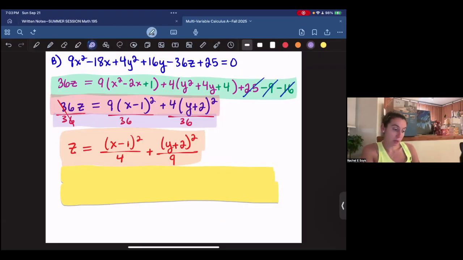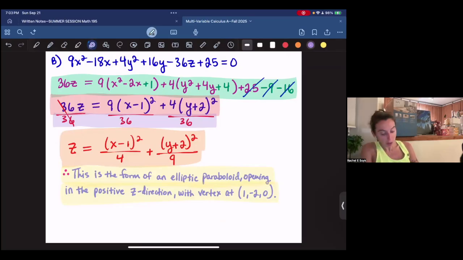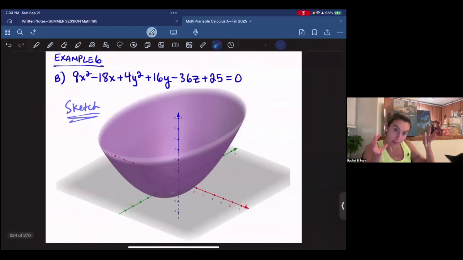This clearly shows the form of our elliptic paraboloid, which is opening in the positive z direction and has our vertex at (1, -2, 0). So from a visual standpoint, we get this elliptic paraboloid opening up in that positive z direction.